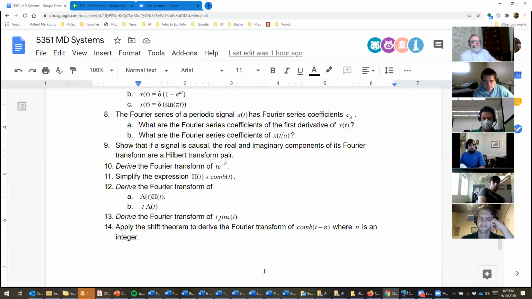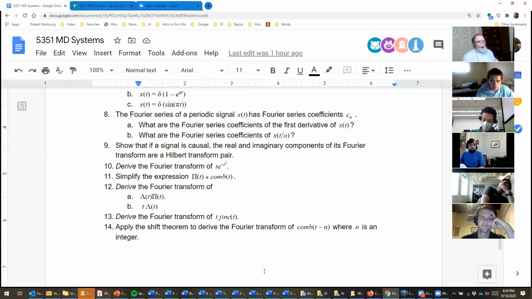The outcome is surprisingly simple. You might be able to do it in your head if you think geometrically. I really like thinking geometrically in this case. What happens if you convolve something with a delta function? If you convolve something with a delta function, you get the something centered where the delta function is at. So the comb is a replication of delta functions. So maybe that should tell you what that's like.